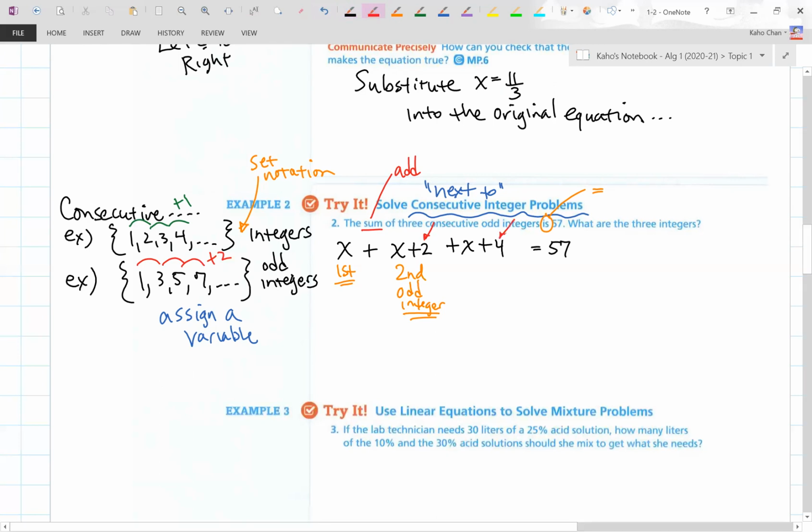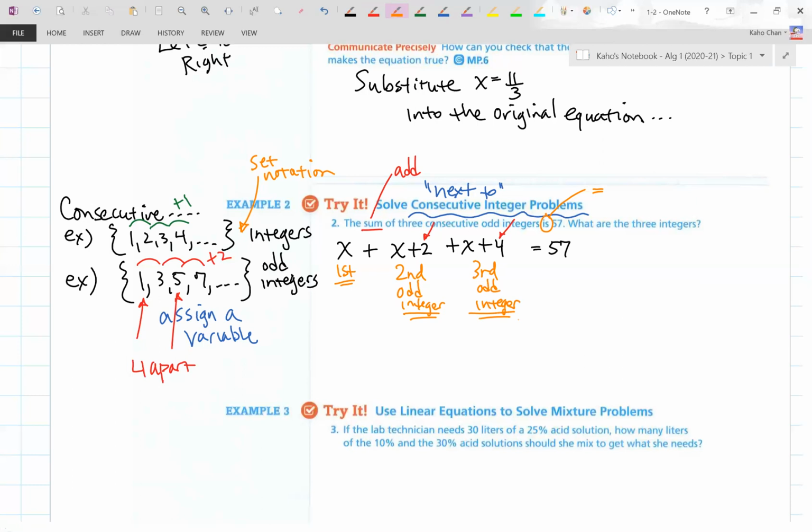Because if you look at the list over there on the left, 1, 3, 5, well, we have 1, plus 2 is 3, plus 2 is another 5. But relative to the first value, those right there are 4 apart. That's why I'm adding 4 over here on the right. This is our third odd integer relative to the first odd integer.